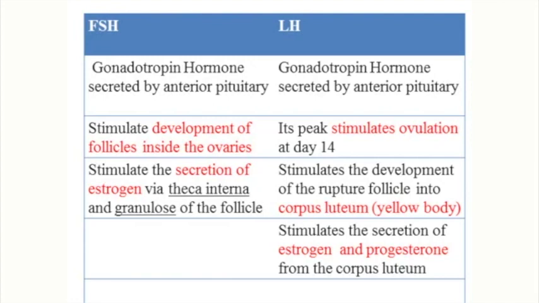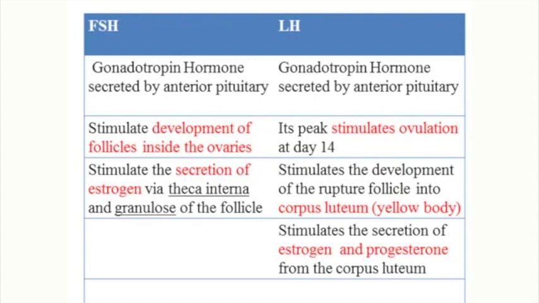LH, however, also affects the ovary, but it affects the corpus luteum in the ovary. It stimulates the change from a ruptured follicle after ovulation to corpus luteum, also known as yellow body. That's where the name comes from, luteinizing hormone, because it stimulates the production of corpus luteum.